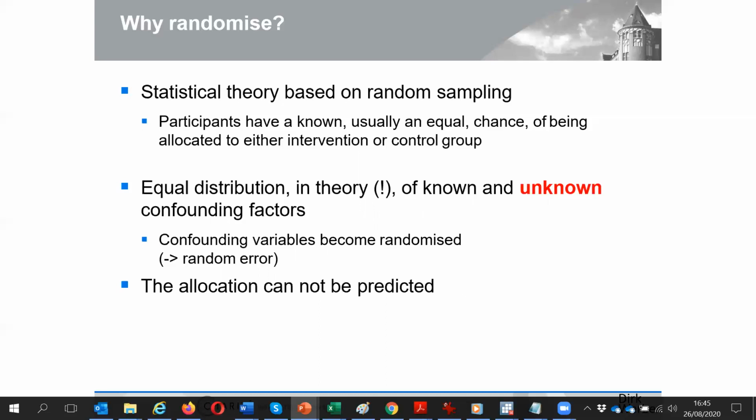If the participants have an equal chance of being distributed to either group, then there's also an equal distribution of known and unknown confounders. Remember, confounders affect the relationship between exposure and outcome. Then if you also randomize, the allocation cannot be predicted.